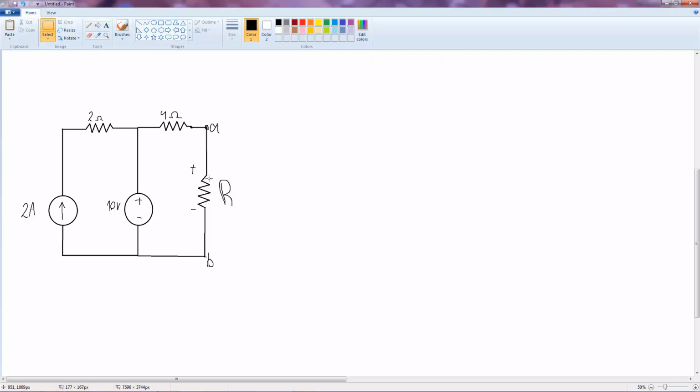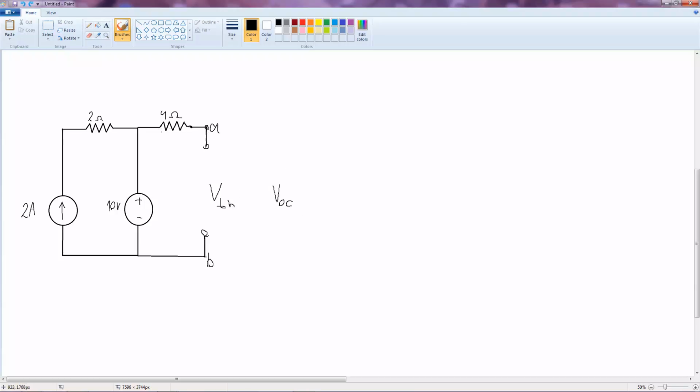In this case we still replace this with nothing, and since we have no wire here, we have V Thevenin here, which is basically V open circuit, you might also see this kind of notation.